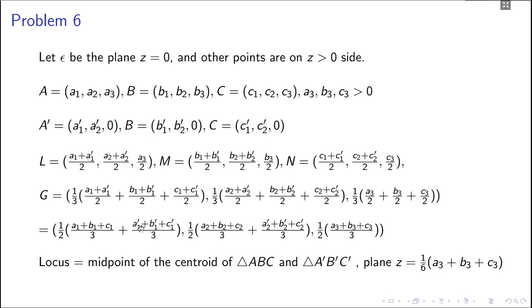The prime coordinates are the variable part. When this varies all over the plane, these two components vary all over, but the Z component remains constant. So the locus is basically a plane, with Z coordinate 1/6 of A3 plus B3 plus C3. Okay, so this is your answer.